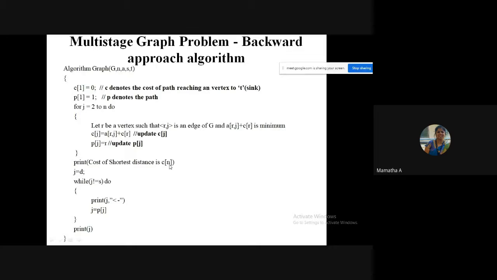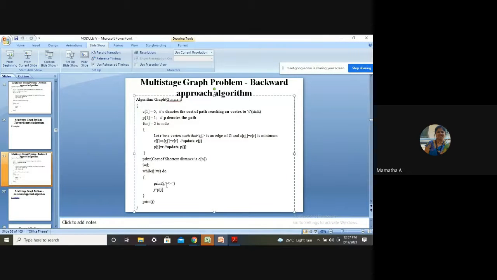And then printing the path, it is again printed the reversed way, from sink to source. So first you have to print which node? t.